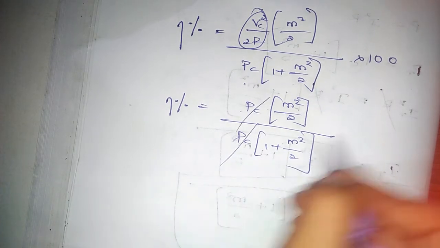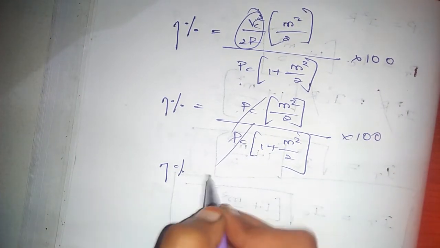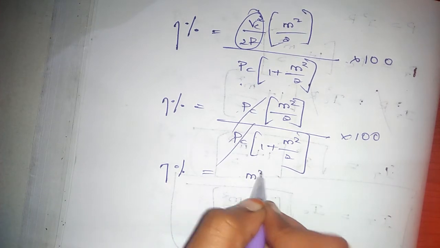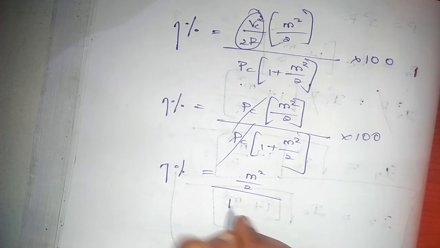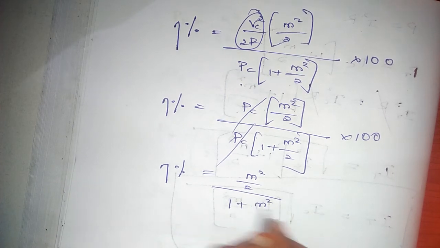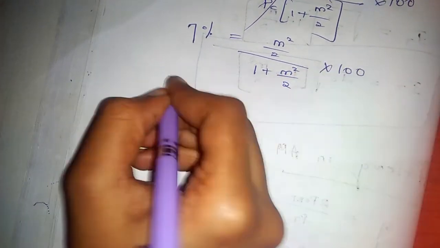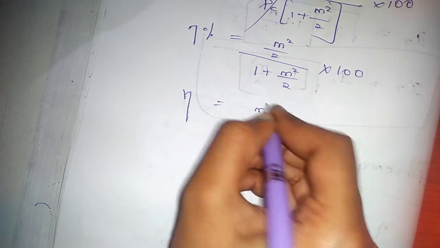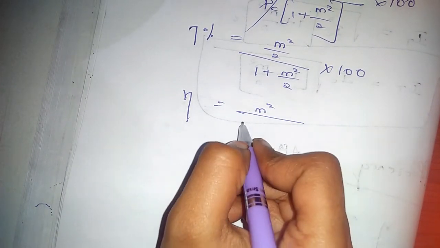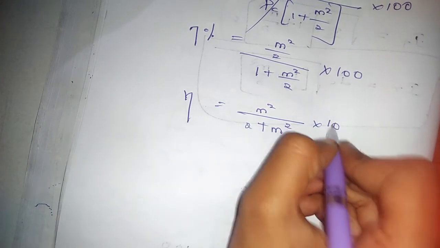I can cancel Pc, so eta percentage equals (m square by 2) divided by (1 + m square by 2). If I simplify this, I get eta = m square by (2 + m square), into 100.